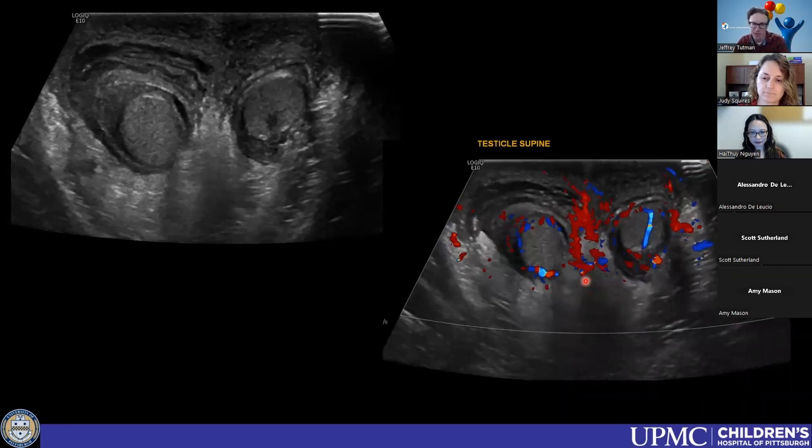So again, this is just a diagnosis to be familiar with, so you know what it is when you see it. The main thing to keep in mind is that this is completely self-limited and will resolve in a few days. I think it's alarming to parents and patients a lot of times, just because of the appearance of it. But it typically will just resolve in a few days.